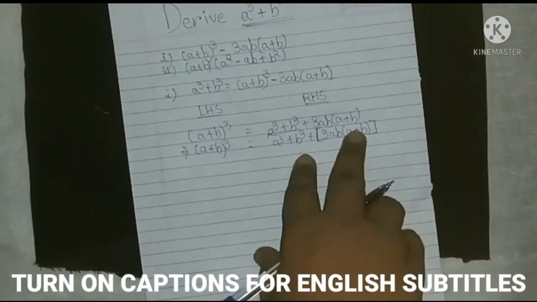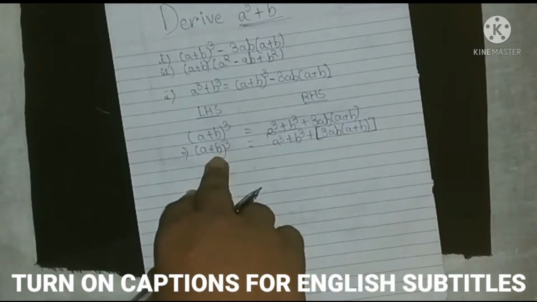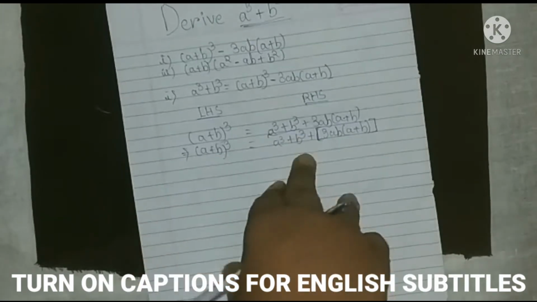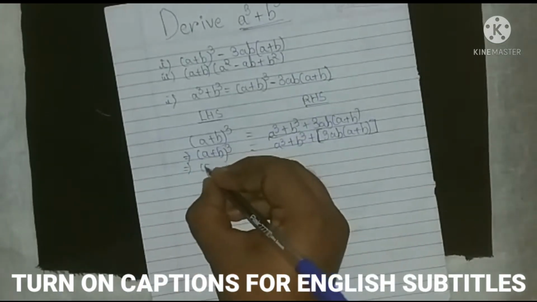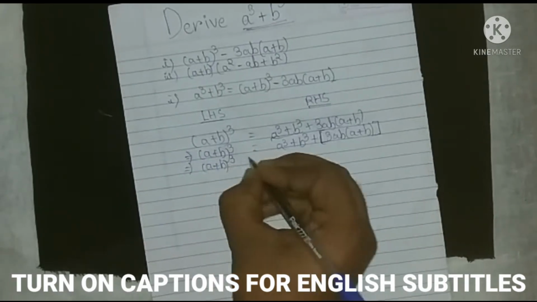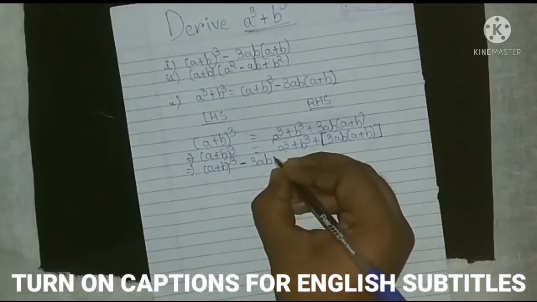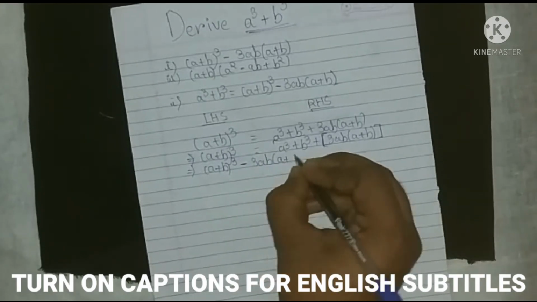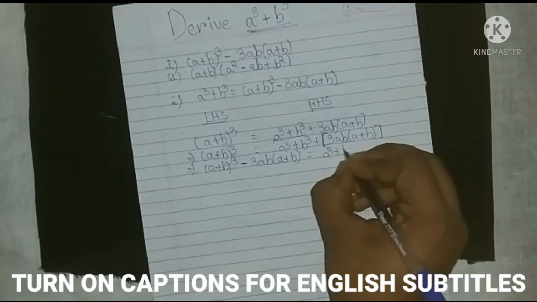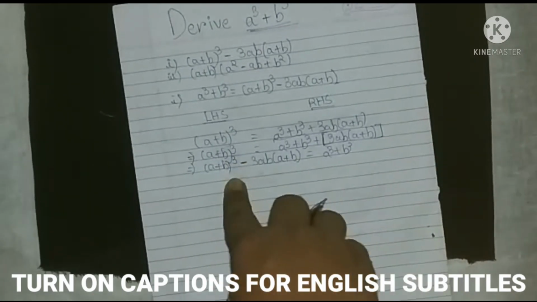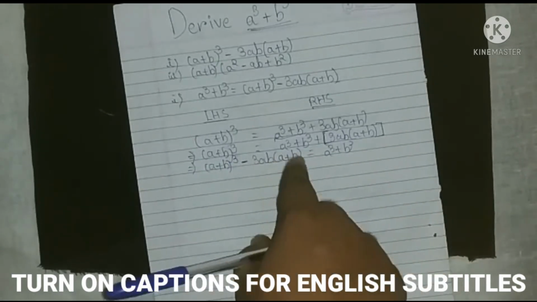So now here we got a term. This term should be transferred to the left hand side so that we get a³ + b³: (a + b)³ − 3ab(a + b) is equal to a³ + b³. Clearly we got that a³ + b³ is equal to (a + b)³ − 3ab(a + b).